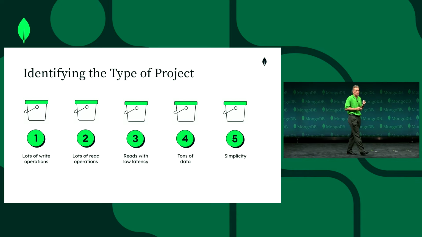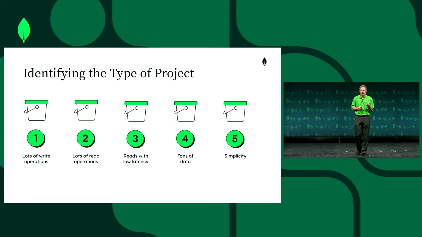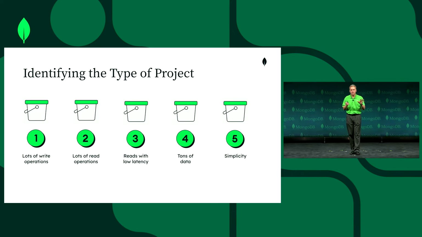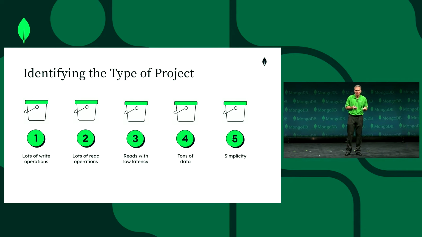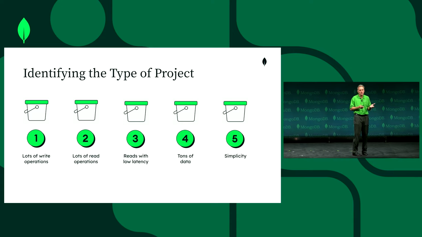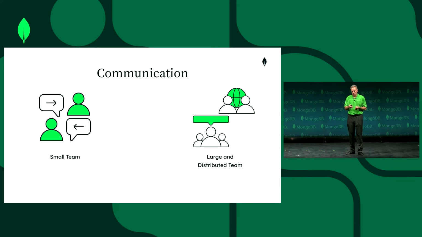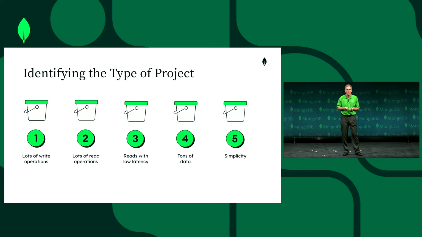The third bucket is about reads again, but this one, the latency dominates. They're not necessarily a ton of reads, but they have to be super fast. Applications with UIs tend to fall into that category. The fourth bucket is when you have a ton of data. This poses a different set of problems. What you're really trying to do here is often to reduce the cost of storage. And the last one, and a very important one, is about simplicity.